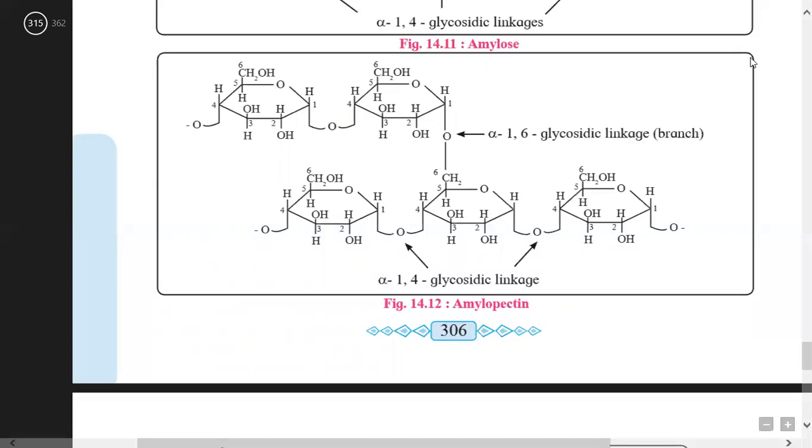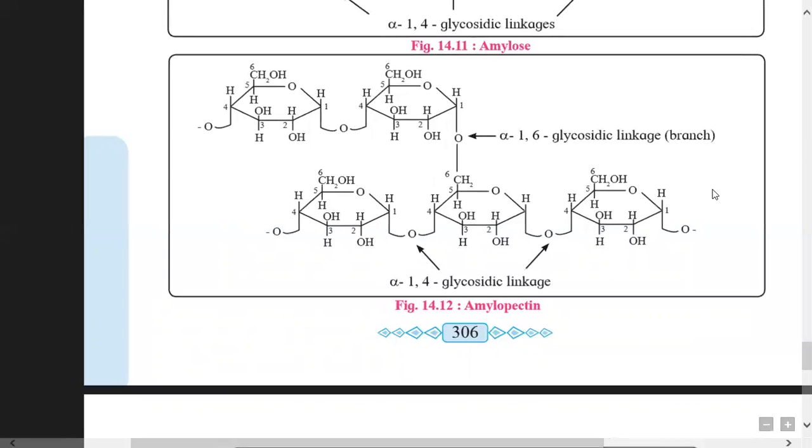Similarly, there is one more chain of alpha 1,4 glycosidic linkage between glucose molecules, that is, the OH group from the first carbon and the OH group from the fourth carbon. Both are below the ring. They form a glycosidic linkage called alpha 1,4 glycosidic linkage.